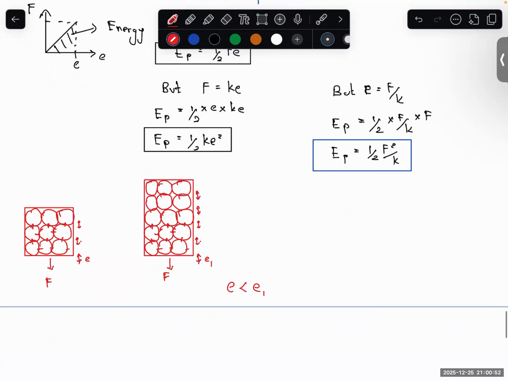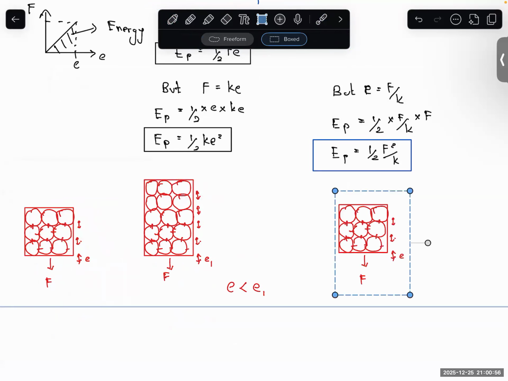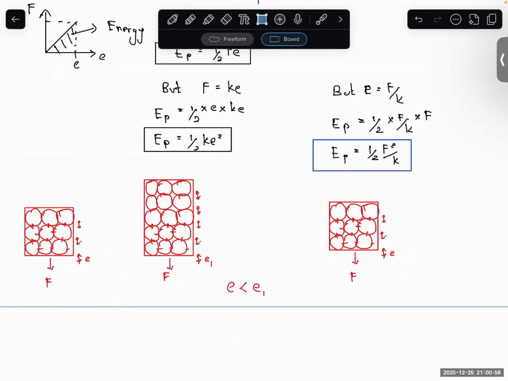Now imagine I am going to increase the area without increasing the length. Now, when I apply the same force, here the extension is E2. Compared to e, will E2 be greater or smaller? Smaller.